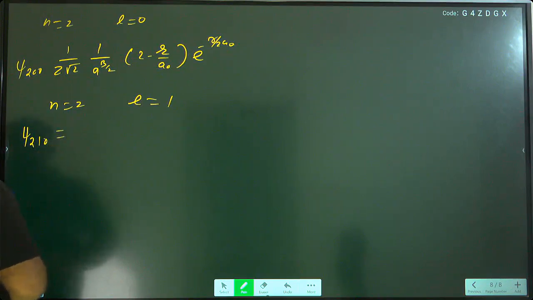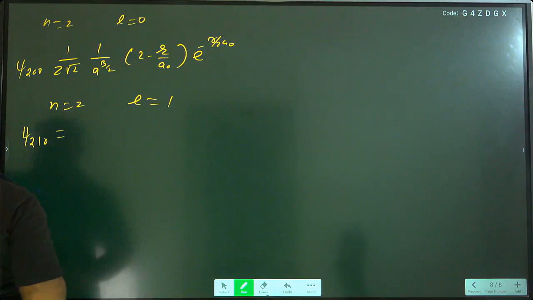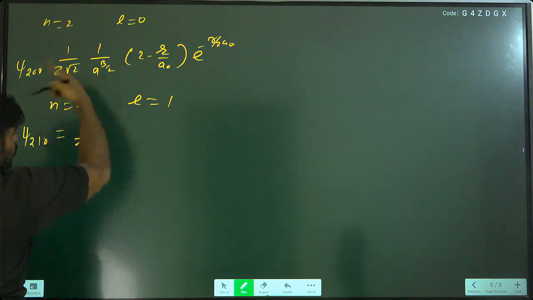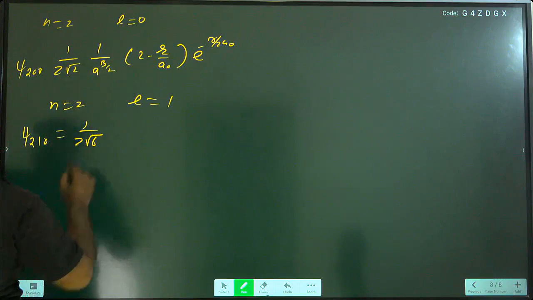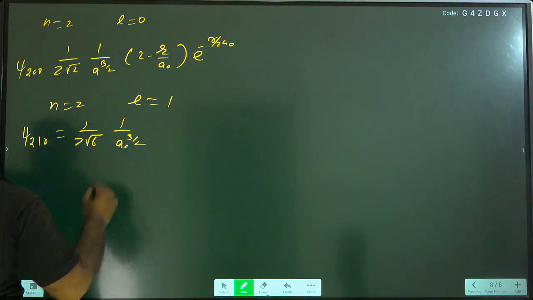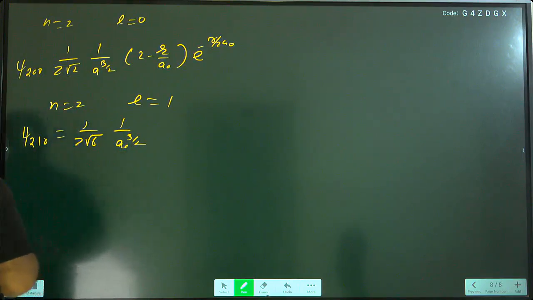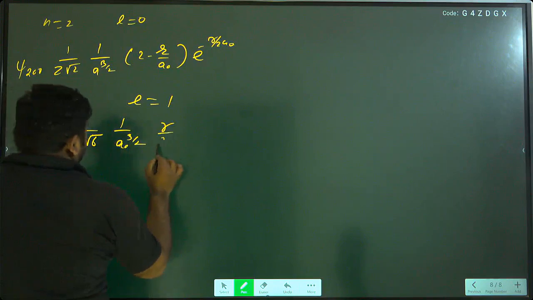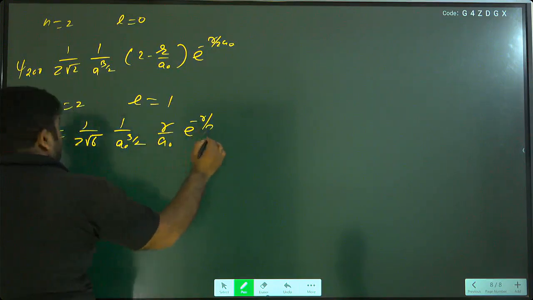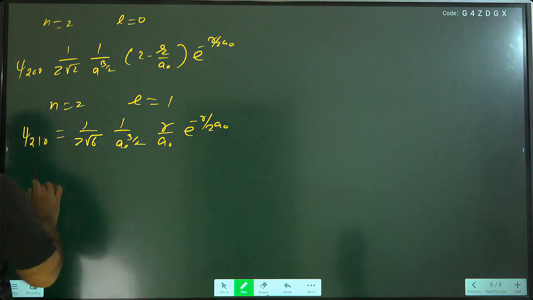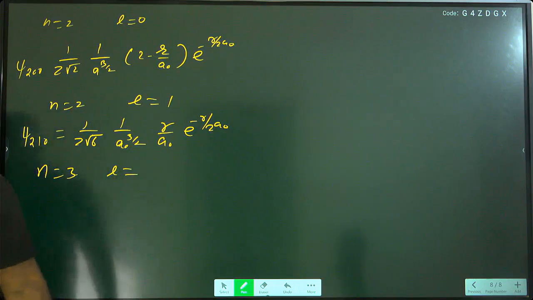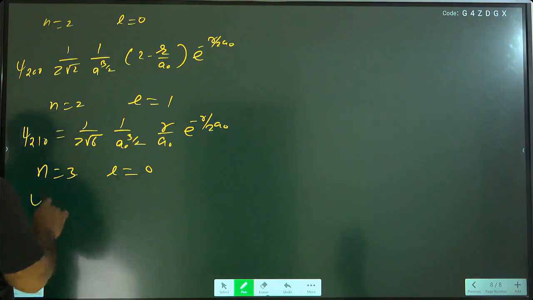Psi 2 1 0 is equal to 1 upon 2 root 6. यहाँ वैल्यू पुट करिए बस ओरिजिनल फॉर्मूले में. वी गेटिंग द वैल्यूज 1 upon a naught to the power 3 by 2 into r upon a naught e to the power minus r upon 2 a naught. Next, n is equal to 3, L is equal to 0. L is equal to 0 means what is the wave function?